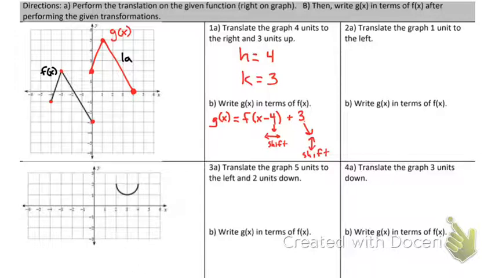So 2A, we're going to take our original graph, f, and translate the graph 1 unit to the left. We'll do this in a different color, but we're going to go 1 unit to the left for all these dots. We're going to go 1 unit to the left, and we'll put a dot here. 1 unit to the left, put a dot here. 1 unit to the left, put a dot there.